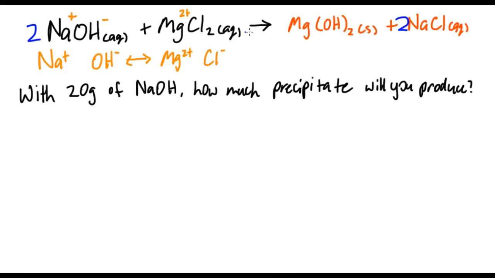However, this is just a double displacement reaction. This doesn't actually show us what the actual precipitation reaction is. So to actually break it down, our precipitation reaction, the PPT reaction, will only involve the ions that actually take part, that actually produce the solid, and our solid is magnesium hydroxide. So with magnesium hydroxide, the actual precipitation reaction will be just the magnesium ions, and they are dissolved in solution.